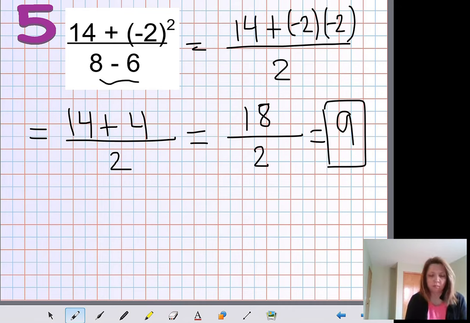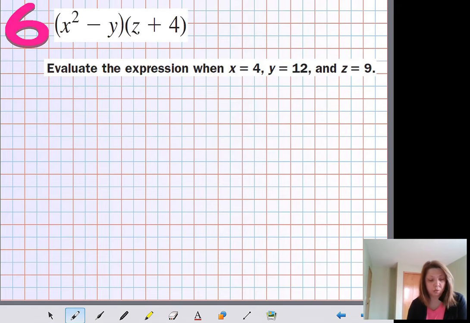Awesome, I will keep going. Please make sure you pause, you work at your own pace so you know what to do with the video. Next example. X squared minus y times z plus 4. So now we have a given expression with variables inside. And it says evaluate the expression when x equals 4, y equals 12, and z is 9.